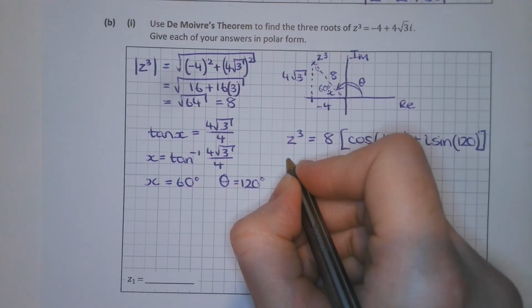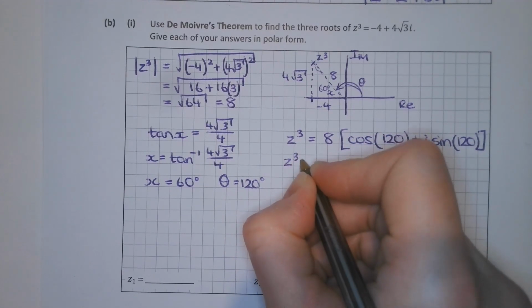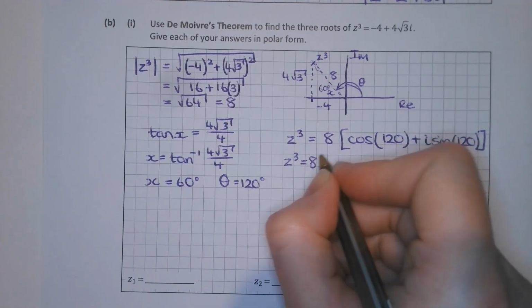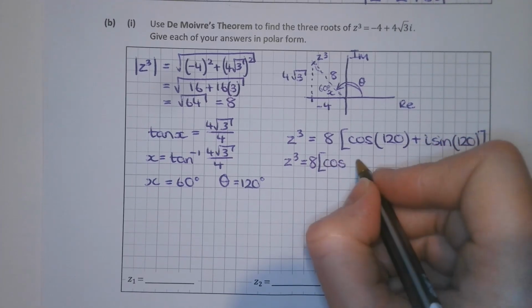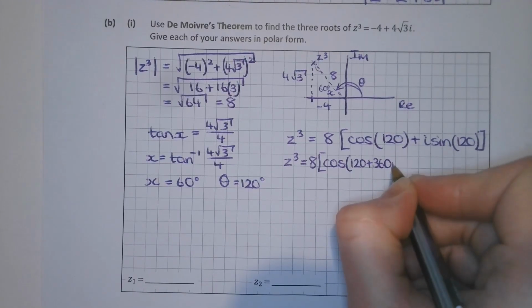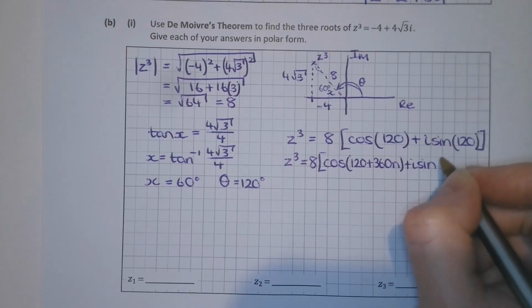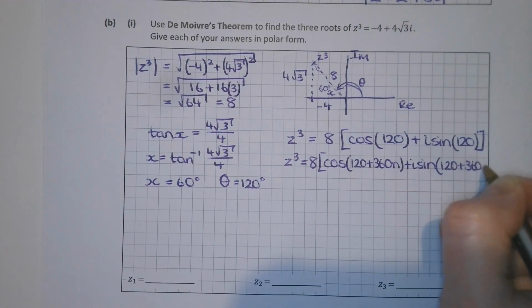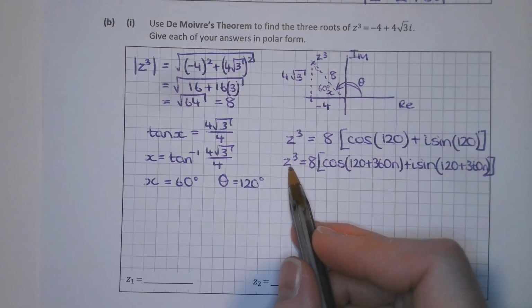So z to the power 3 is equal to 8 times cos of 120 plus 360n plus i sine 120 plus 360n. Now, what we have here is z cubed.